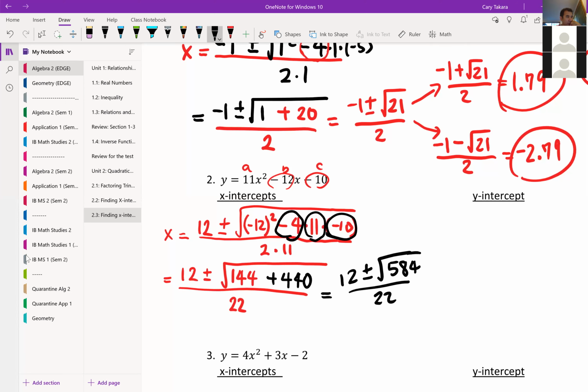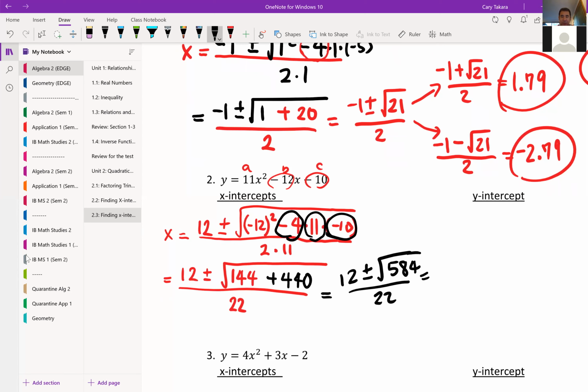What am I doing wrong? It's 11, not 12. Yeah, are you okay with that? Did I do okay? I do make mistakes, guys, so I need your eyes over here and tell me if I'm doing something wrong.